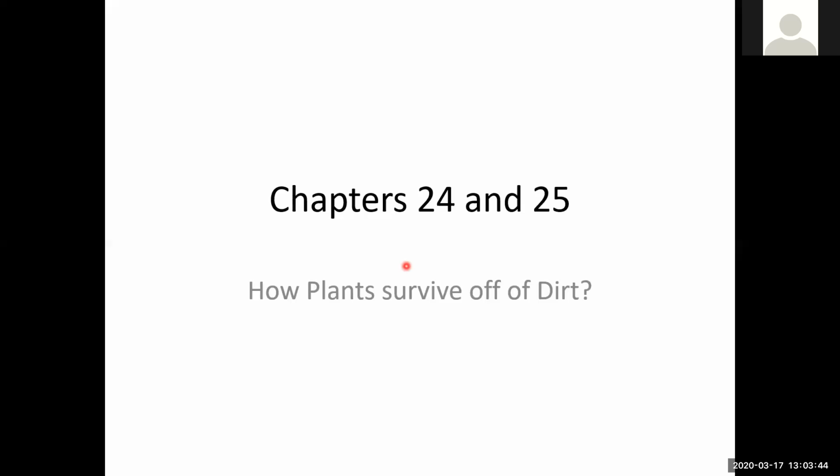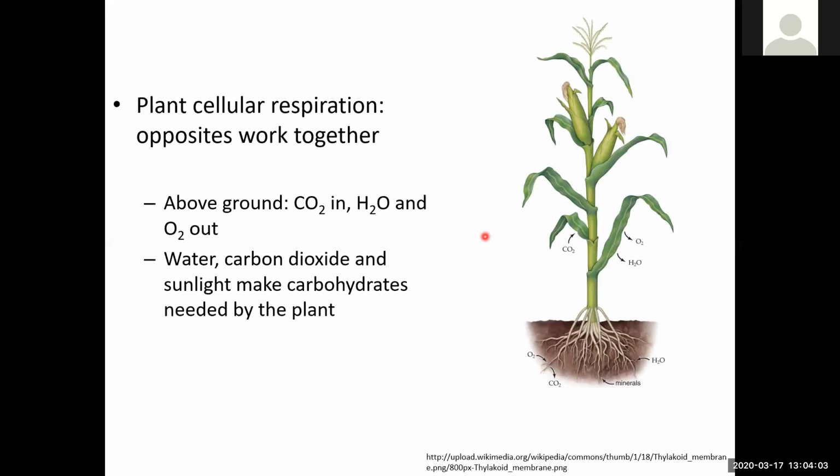Okay, so in chapters 24 and 25, this is basically all I get to talk about for plants because the rest is talked about in Bio 202, because of the photosynthesis qualities. So all I get to talk about is just the basics of cellular respiration. The plants that we all depend on will do a miraculous thing.